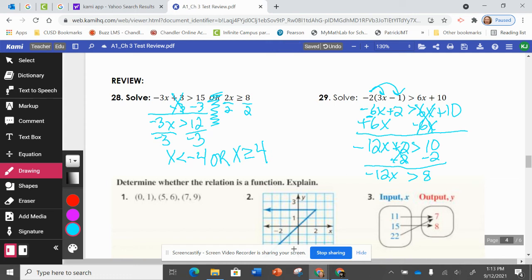Then the opposite of multiplying by negative 12 is dividing by negative 12. That reduces that to positive 1x. We did divide by a negative, so our inequality changes direction. We can't divide 8 by negative 12 evenly, but we can reduce that by 4. And so that makes that negative 2/3. And that would be our answer.